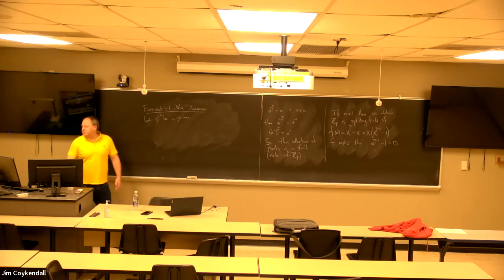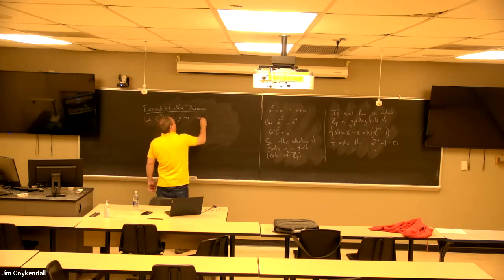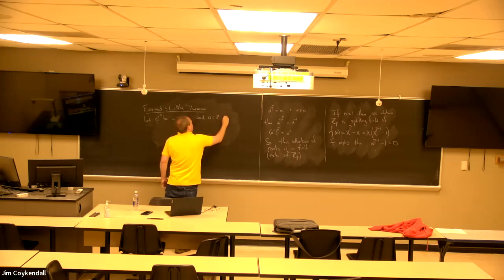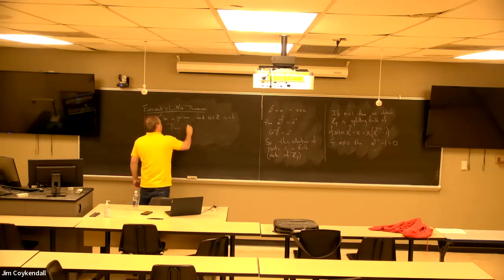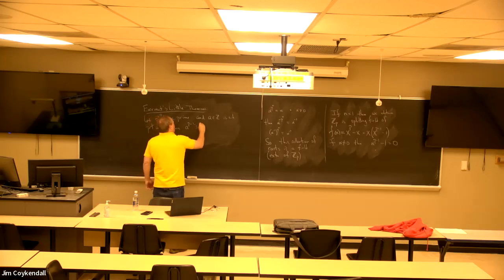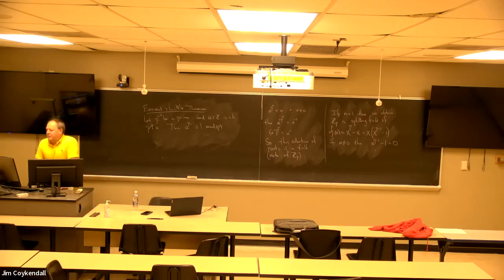I'll say p is a non-zero prime, and a in Z is such that p does not divide a. Then a to the p minus 1 is equal to 1 mod p. Give me applause or a thumbs up if you've seen this before.